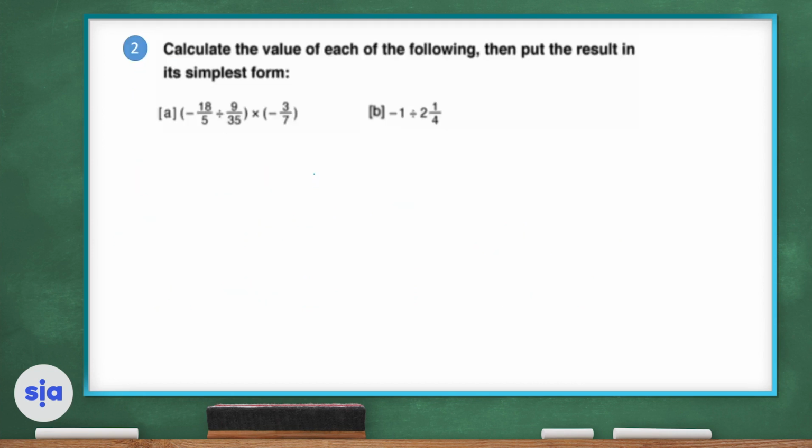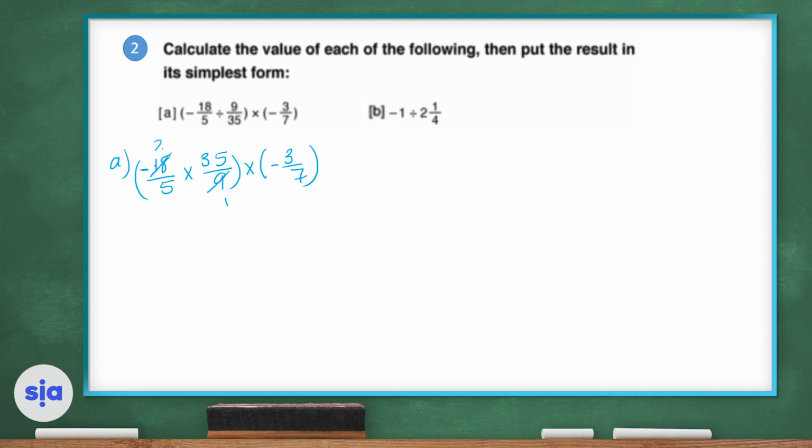Question 2. Calculate the value of each of the following, then put the result in the simplest form. Let's do the first bracket. Negative 18 over 5 times 35 over 9, then multiplied by negative 3 over 7. Divided by 9, it's 1.